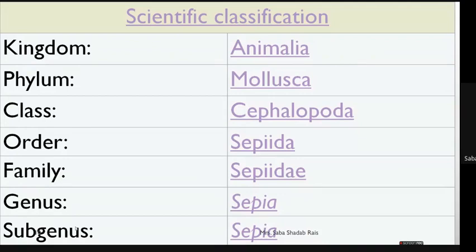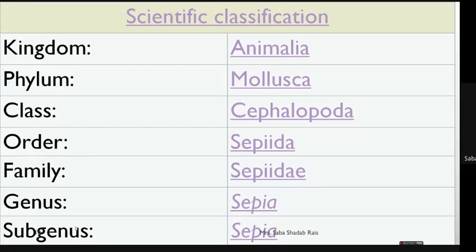Phylum Mollusca has so many classes in it. Now you will find the class. You can also have superclass, subclass, superorder, suborder, superfamily, subfamily. But here I have just taken class, order, family.